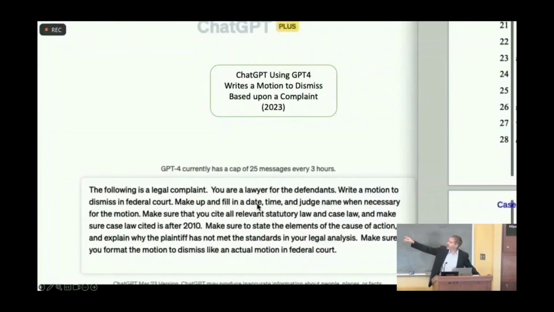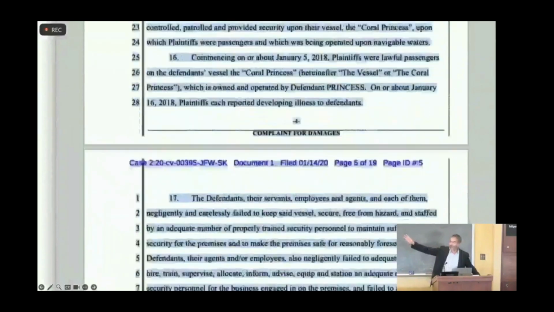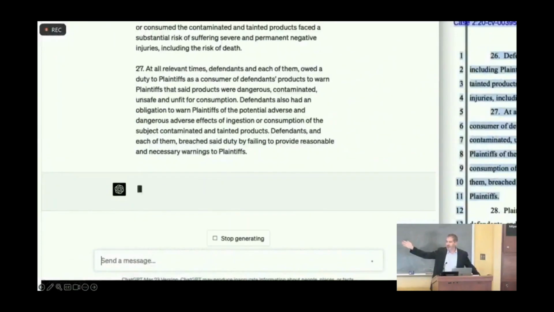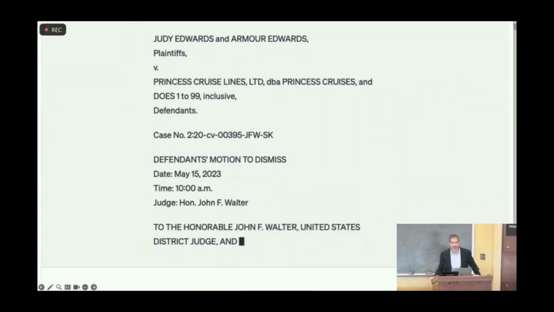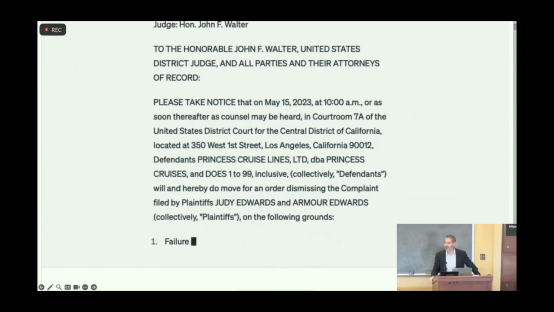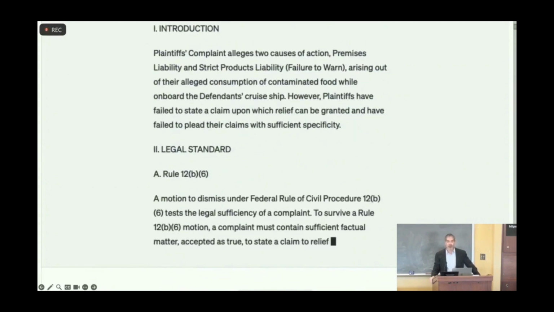Here I am, you see the instruction there, write a motion to dismiss. I just copied a random complaint I found on the internet from a real case, plugged it in there, and it's off to the races. It is filling in the law, filling in the content. It is amazing. Again, you want to verify.